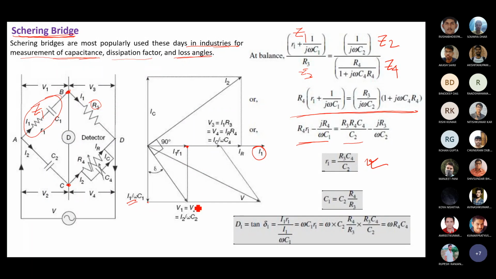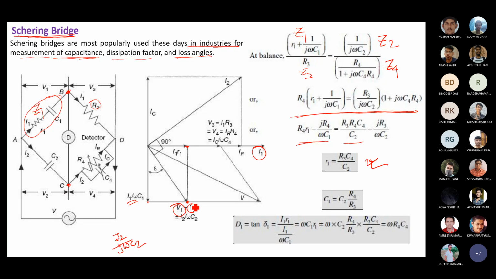If you add them, you get the value of V1, which equals V2. And V2 equals I2 by j omega C2.